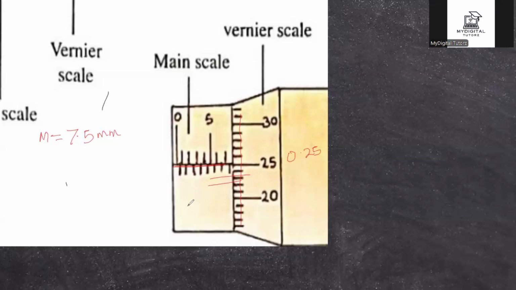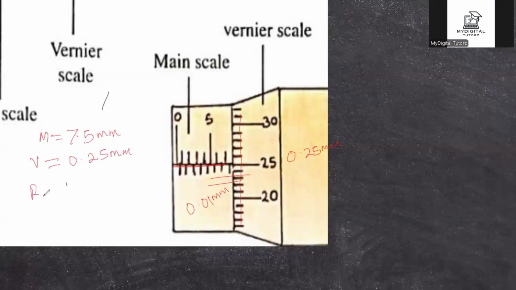Remember the accuracy, which is 0.01 mm or 0.001 centimeter. So that is why you're having 0.25 what? Millimeter. So the vernier scale reading is equal to 0.25 millimeter.